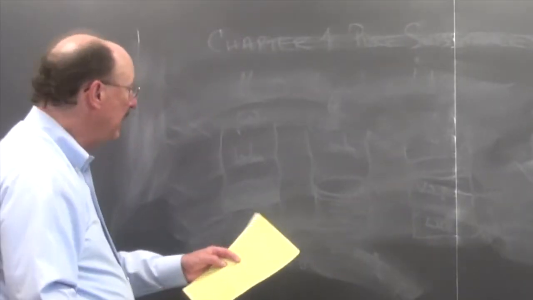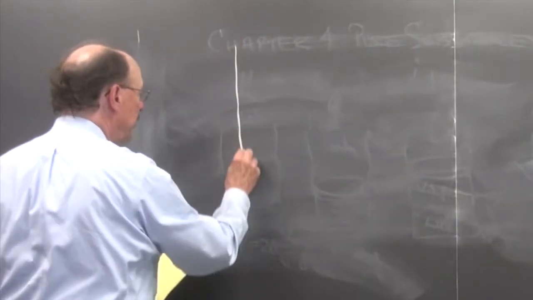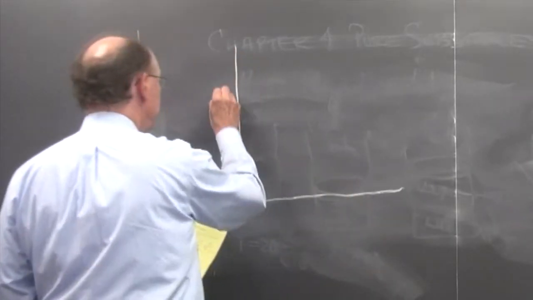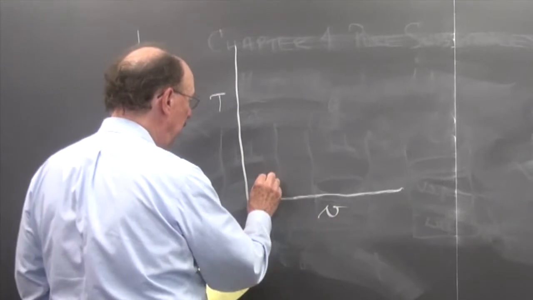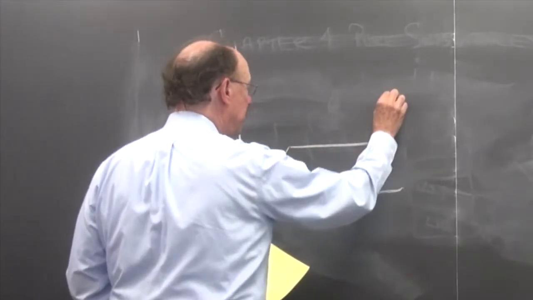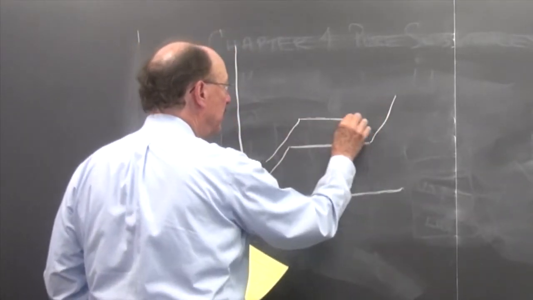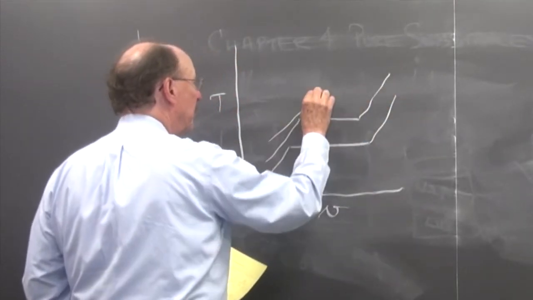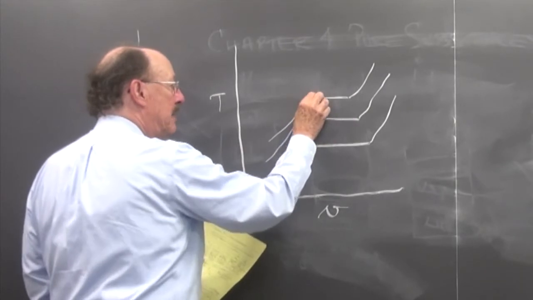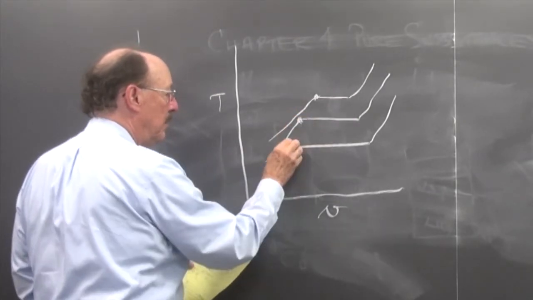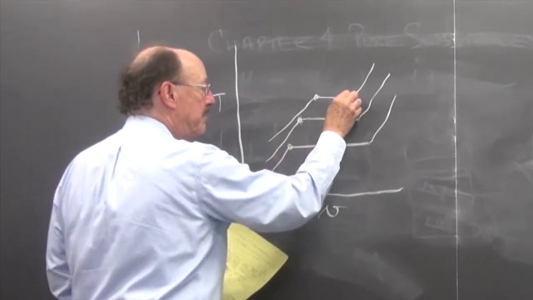And so now let's draw this T-v diagram again. We'll do it for different conditions. So I'll do it for this pressure, for another pressure, for another pressure. And you'll see that these are the saturated liquid points. These are the saturated vapor points.